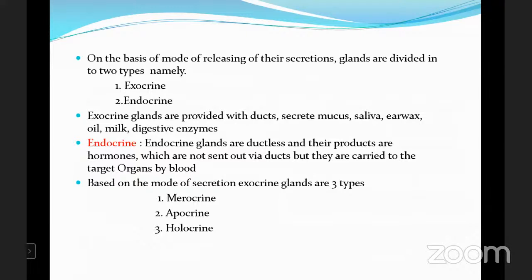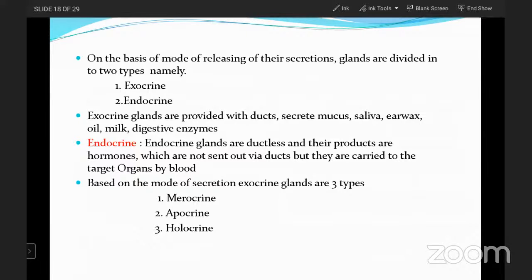The exocrine products are mucus, saliva, earwax, oil, milk, digestive enzymes. And endocrine gland secretions are called hormones, which are not sent out via ducts but are carried to the target organs by blood. This is the difference between exocrine and endocrine glands. Endocrinology is the study of hormones.